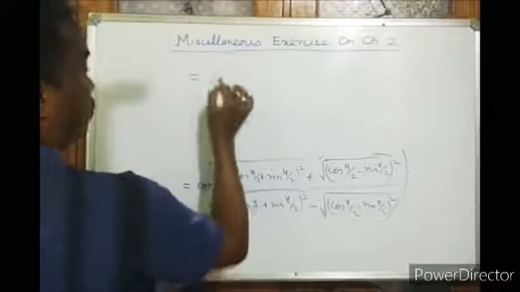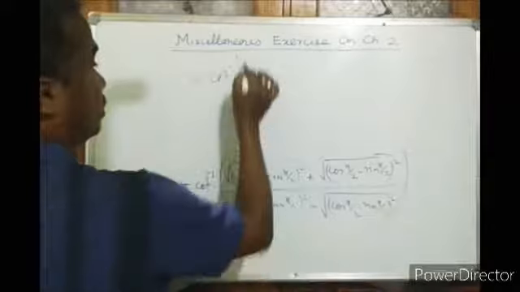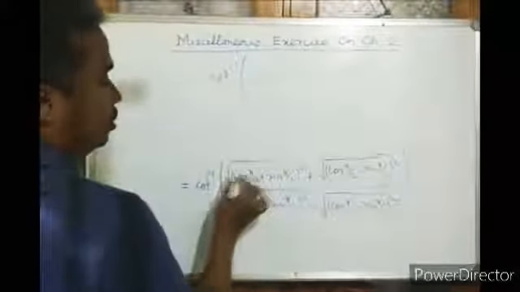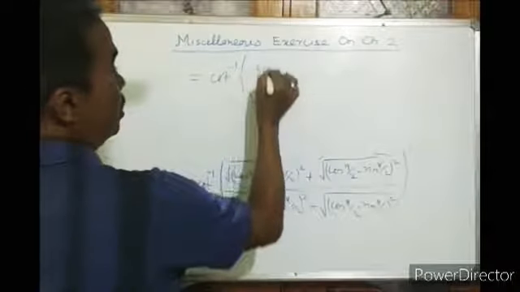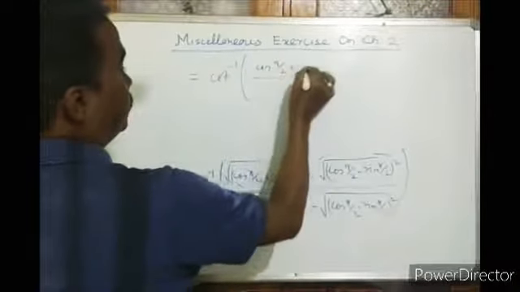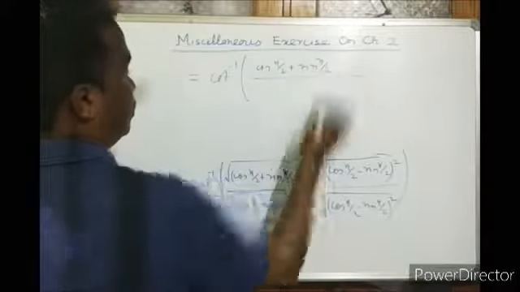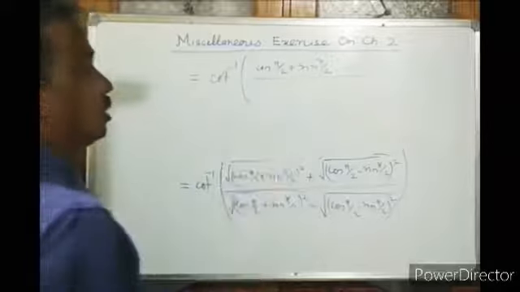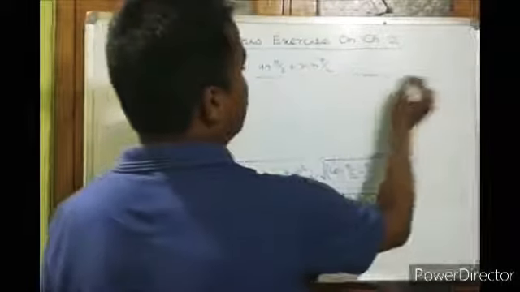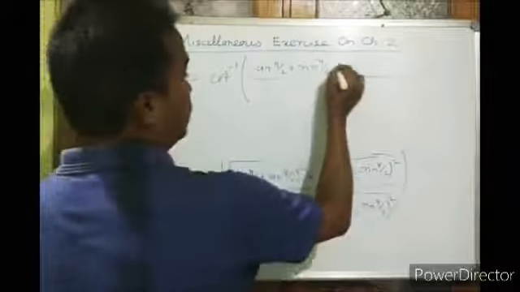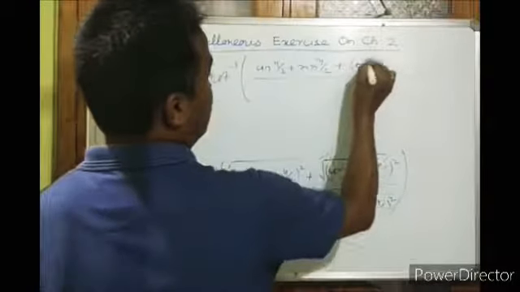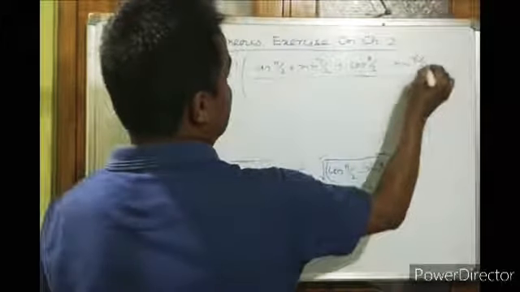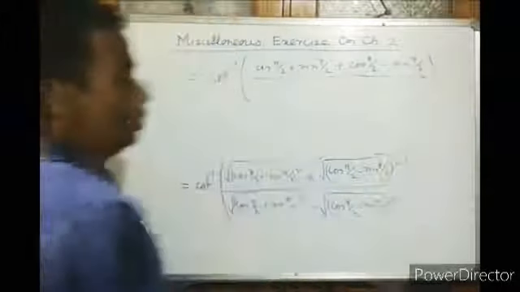So cot inverse, if we remove the square root, then it becomes cos x by 2 plus sin x by 2, because root over (cos x by 2 plus sin x by 2) whole square is cos x by 2 plus sin x by 2, and plus this is equal to cos x by 2 minus sin x by 2.